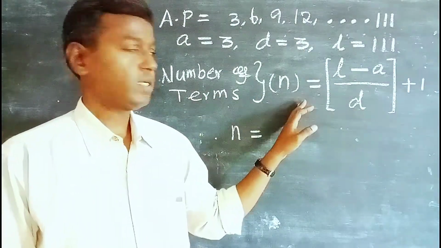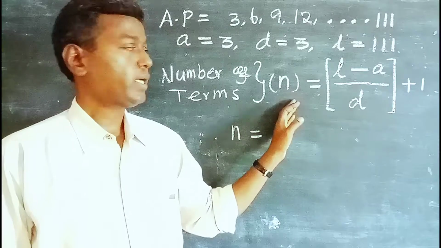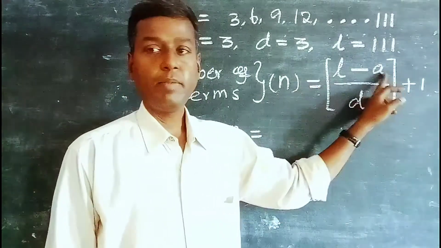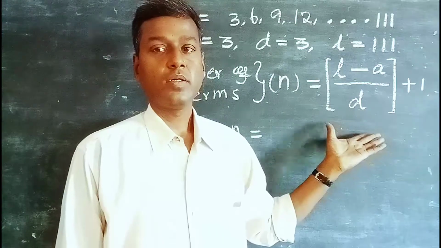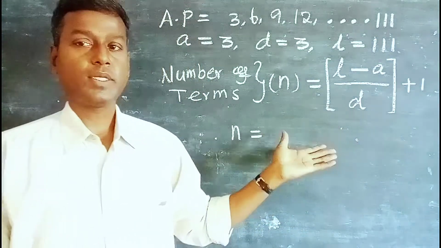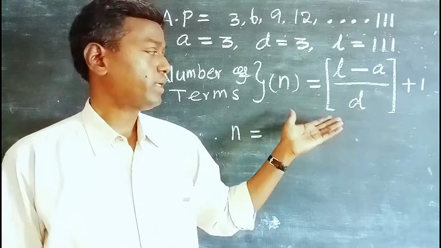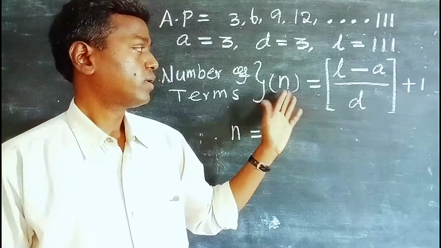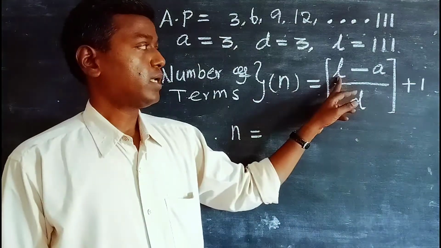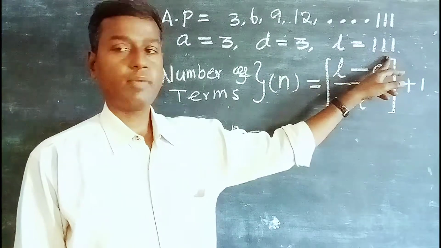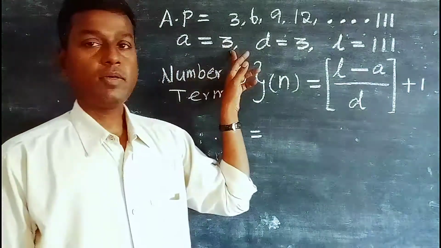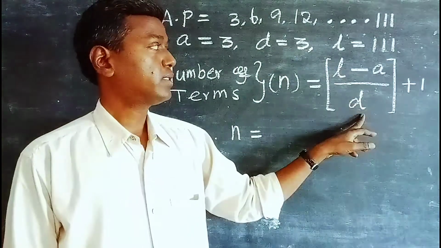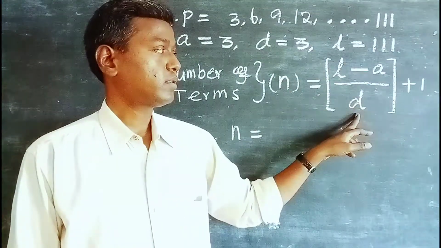The formula for the number of terms n, which we already derived, is (L minus A) by D plus 1. This is the formula to find the number of terms in the given arithmetic progression. L is the last value 111. A is the first term, A equals 3. D is the common difference 3.